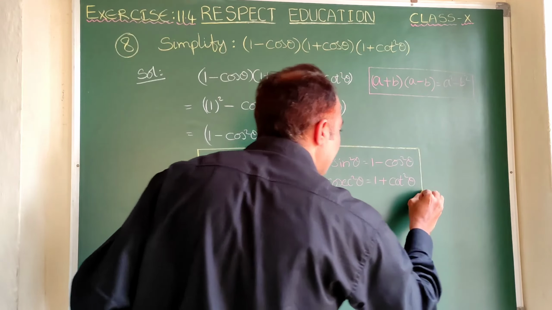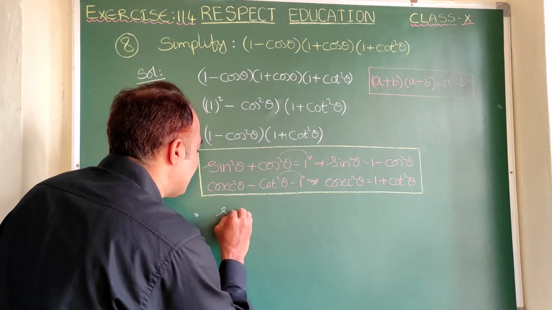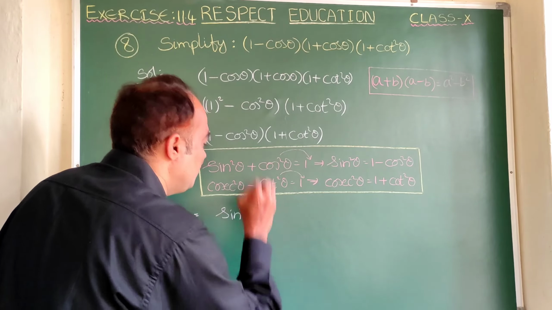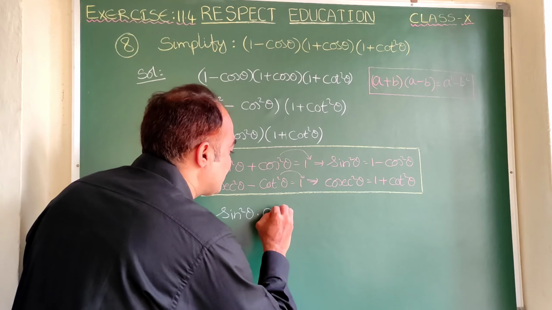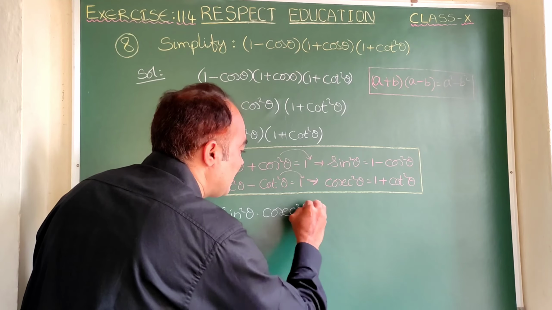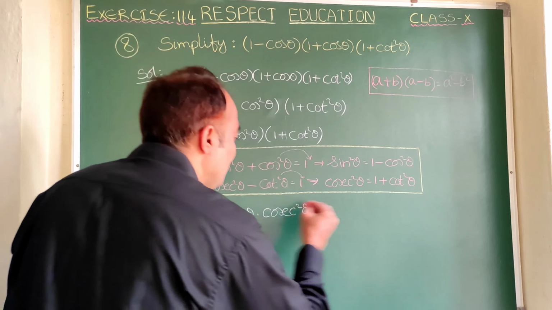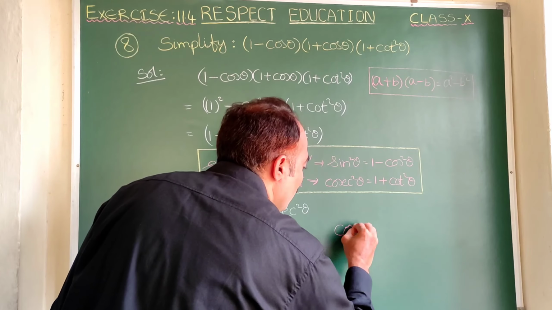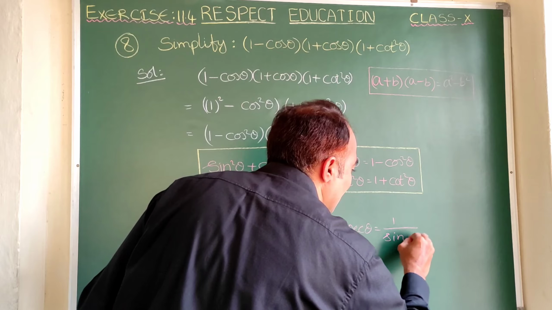Now tell me, 1 minus cos square theta can be written as sin square theta, and 1 plus cot square theta can be written as cosecant square theta. Clear? Now with one more formula we can close this problem. As we know, cosecant theta is 1 by sin theta.